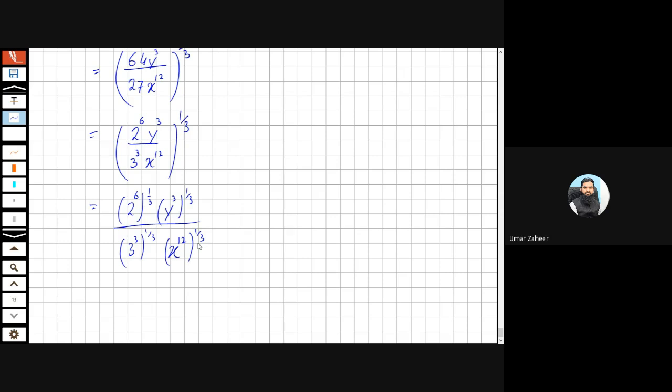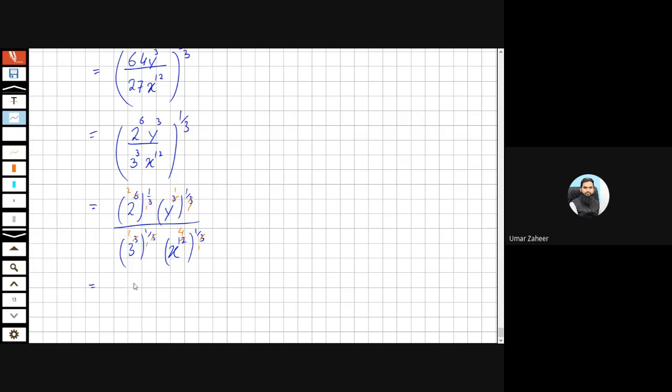Is it clear? Yes. Now do the simplification. 3 times 1 is 3, 3 times 2 is 6, 3 times 1 is 3, 3 times 1 is 3, 3 times 1 is 3, 3 times 4 is 12.